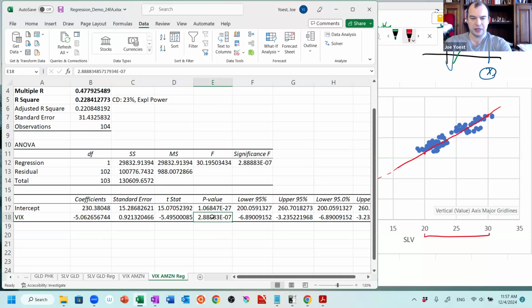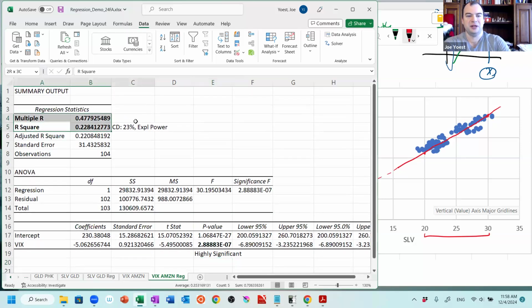I note that I do see a highly significant p-value though, 10 to the minus 7. This is certainly less than 10 to the minus 2, 0.01. It's like a point with a whole bunch of zeros and a 1. This is highly significant from a frequentist, hypothesis testing perspective.